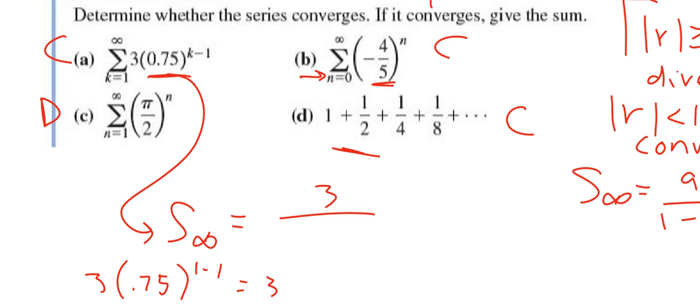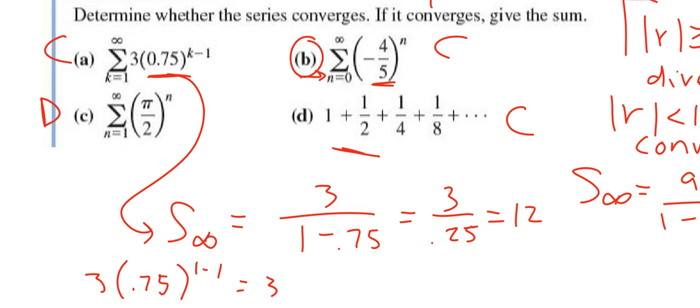Now, if on the next one, when you plug in a 0, you find out that the first term is a 1. So that's where I know they're going to try to trick me. My multiplier is 0.75, so 3 divided by 0.25, what is that, 12? So my sum is 12.